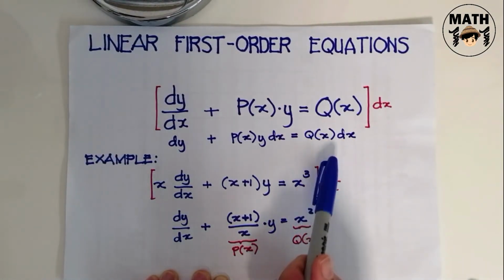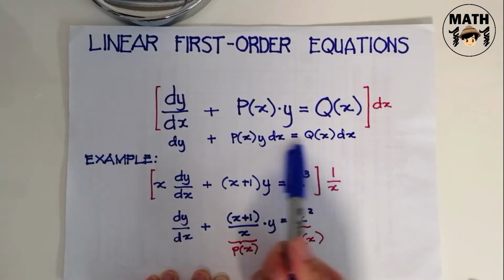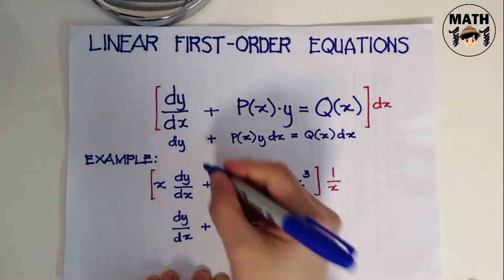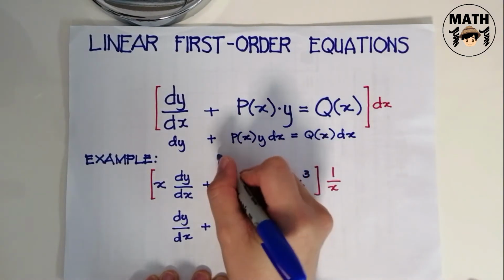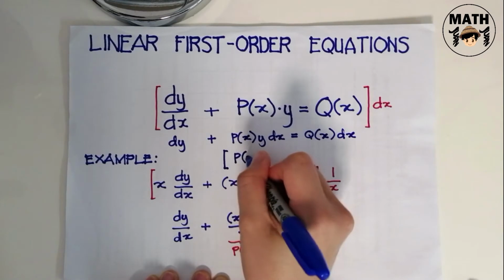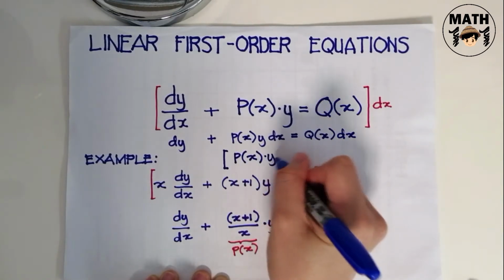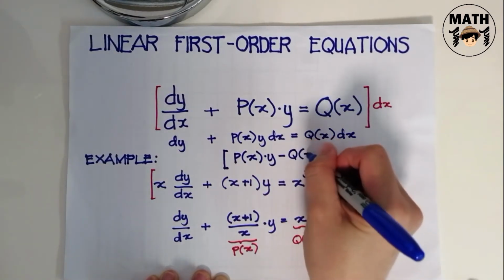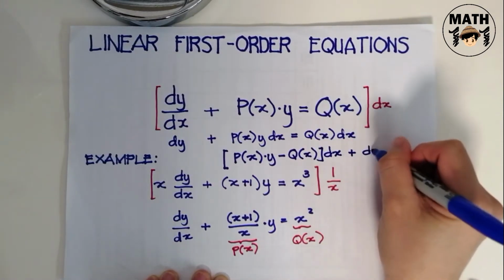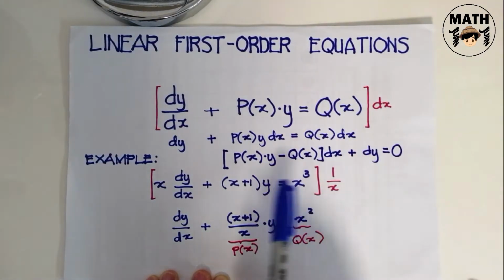Yung pagsama-samahin natin sa left side, lahat ng may dx and lahat ng may dy. So, i-combine na natin tong dalawang to. Then, factoring out dx, we'll have p as a function of x times y minus q as a function of x dx plus dy equals 0.